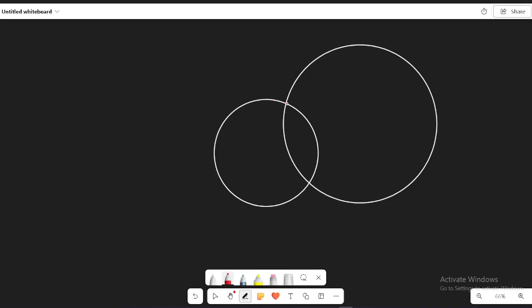A line going from here to here, a line going straight across here. Okay, this line, this line, this line.